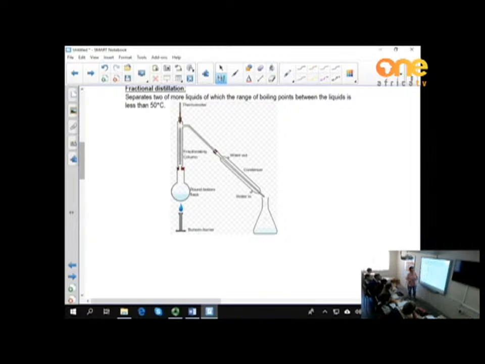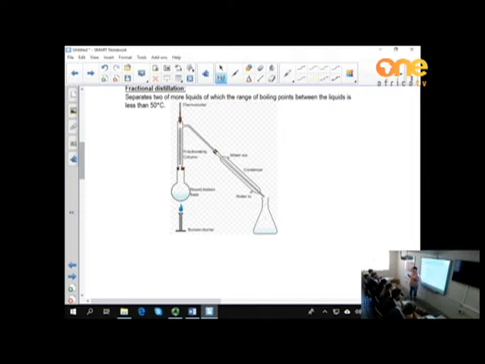All that happens is, as the liquids vaporize, they rise up. But as they rise up, they start cooling. The one with the lowest boiling point will be able to go up the highest before it condenses. So if you maintain the temperature, say there's a liquid that has to vaporize at 40 degrees, you maintain the temperature at 40 degrees, the vapor will rise up.